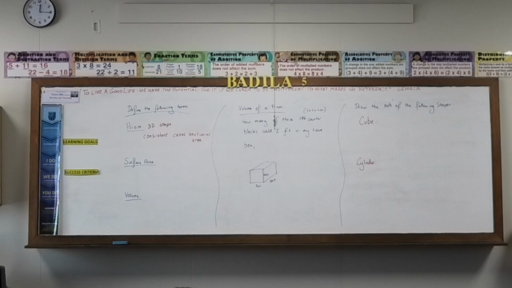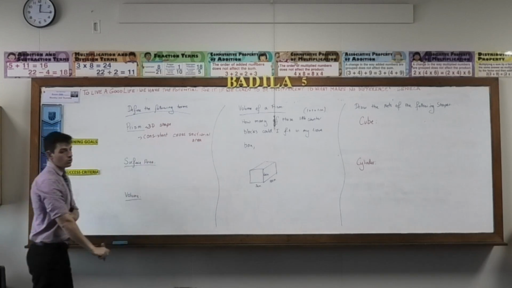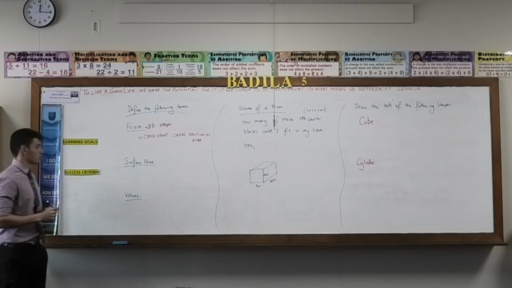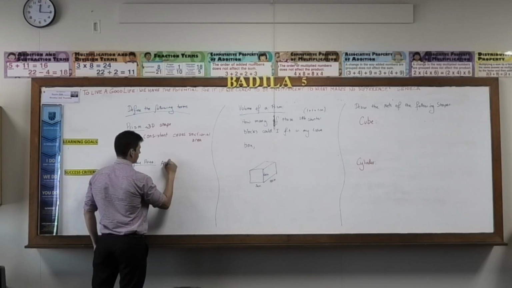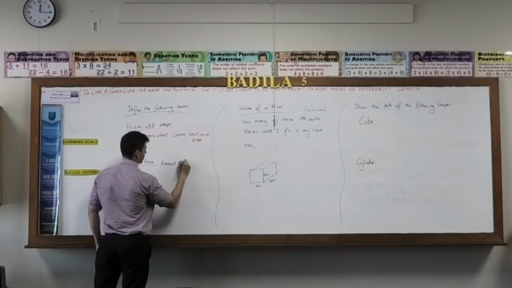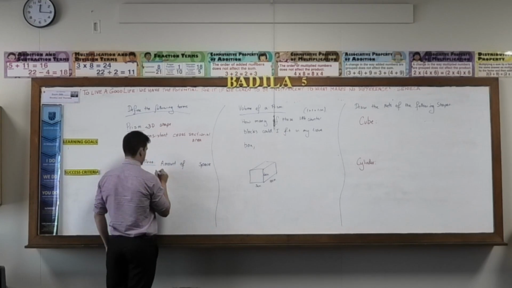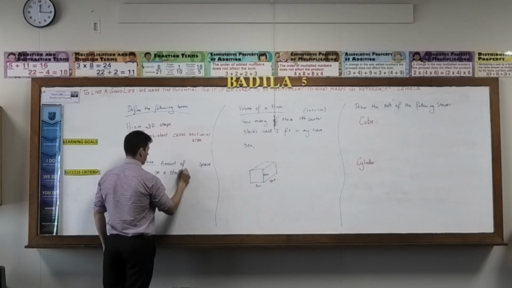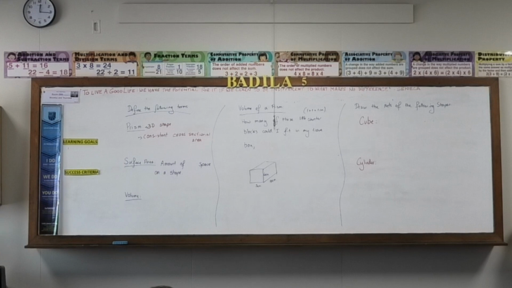So, what is surface area? I want to talk about surface area. What is surface area? The amount of space on the surface. I've left a word out, or maybe not a word.